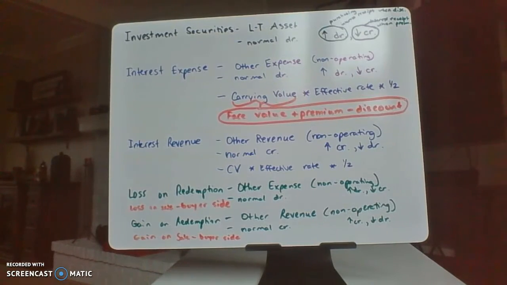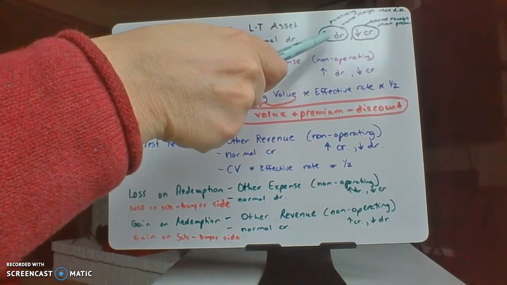Some more accounts for us. We have investment securities, so this is when we're the buyer of the bonds, not the seller or the issuer. So it is a long-term asset. Because it is a long-term asset, it has a normal debit, increases on that side and decreases on the opposite. When we purchase investment securities, we're debiting it.